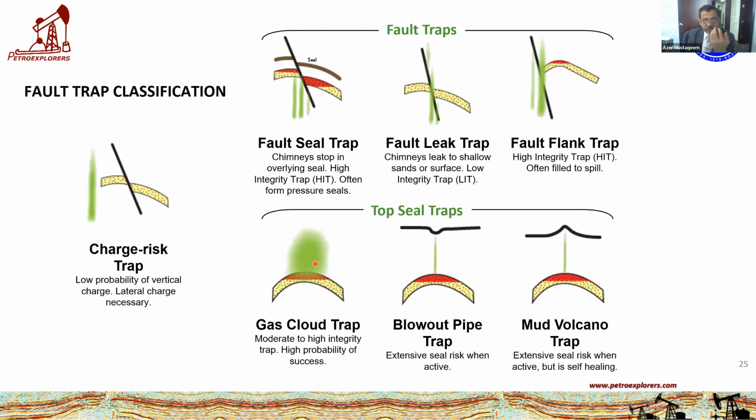In Norway, they found out about 20 years ago that there are gas clouds which you can see on top of the oil and gas plays, in the shallow area, which are called chimneys, or there could be trap leaking, which could be an extensive seal risk.